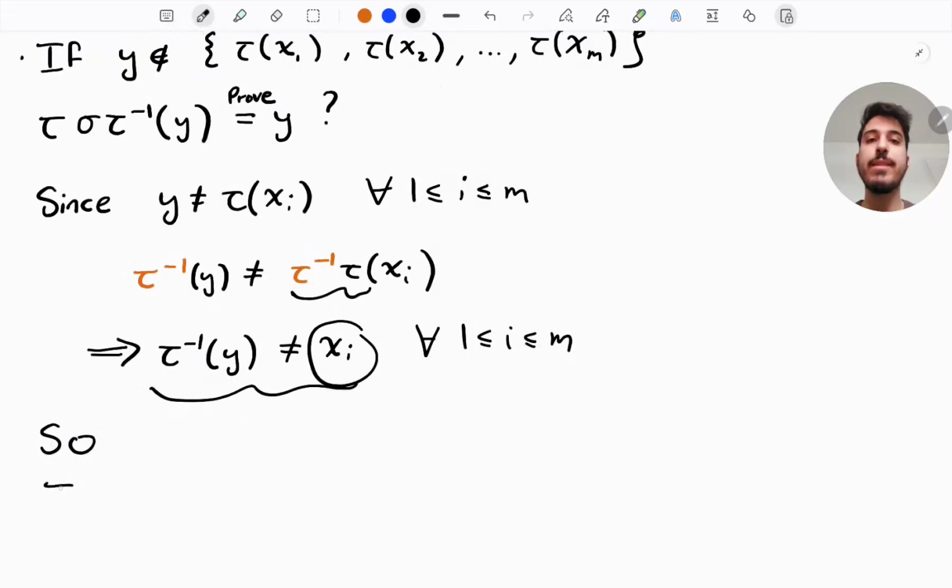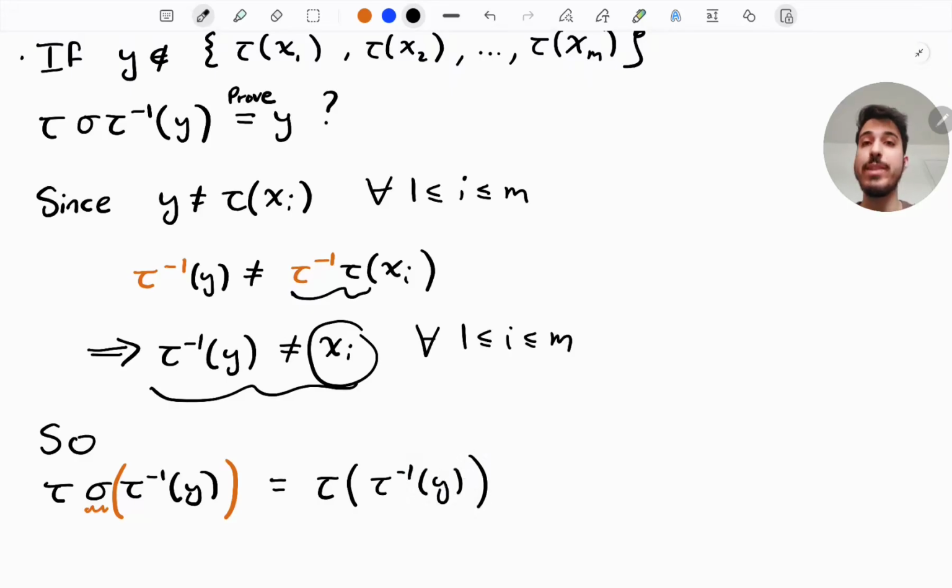So tau sigma of tau inverse of y, if we look at it as sigma applied on tau inverse of y, is equal to tau of tau inverse of y, because like we said, sigma fixes tau inverse of y.